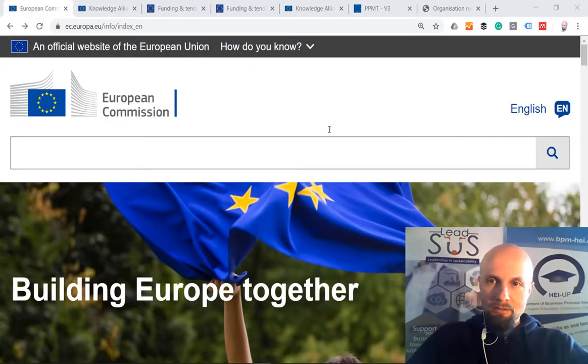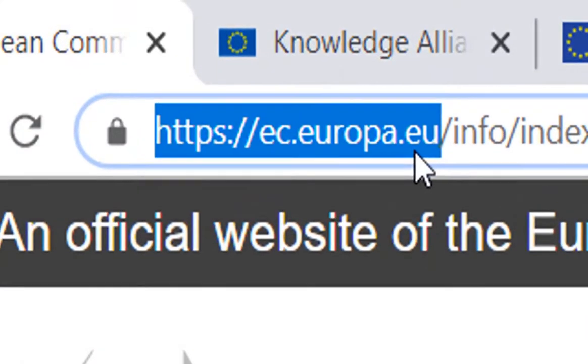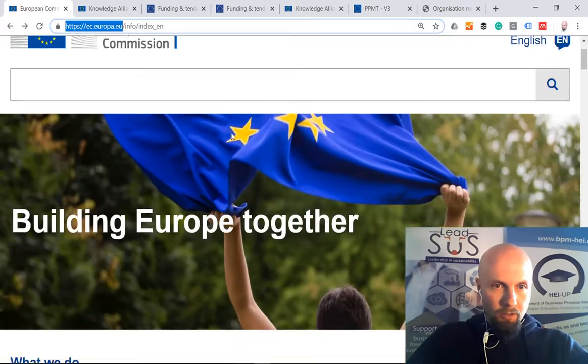Alright, so let's start navigating this labyrinth of EU websites at the European Commission site ec.europe.eu, and we will look for Erasmus Plus application forms which are already available.